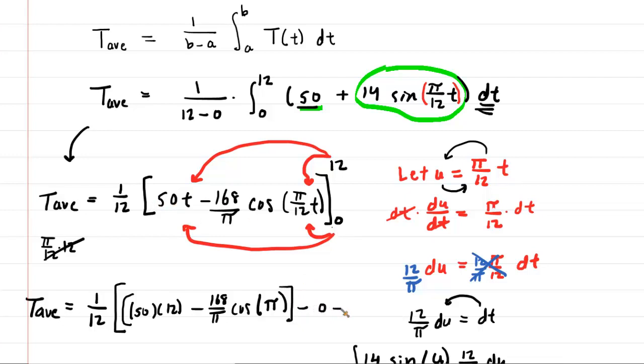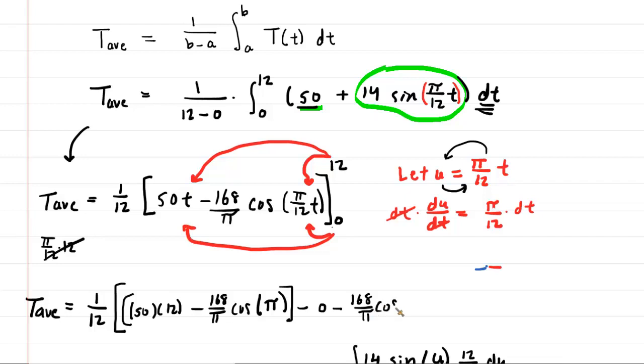And then minus, we're going to need to clear out some room here. And then we're going to have 168 over pi cosine. When you plug 0 into t here, pi over 12 times 0 is 0, so this just becomes the cosine of 0, like so.